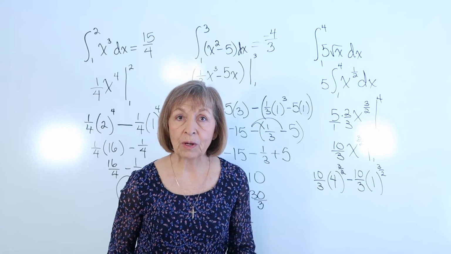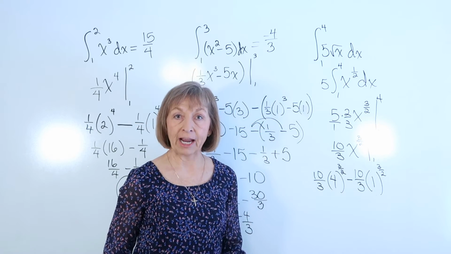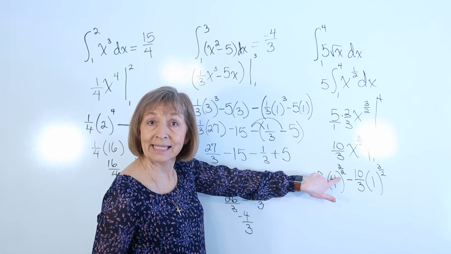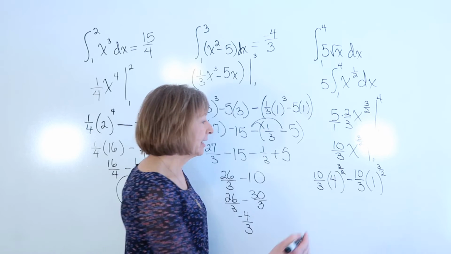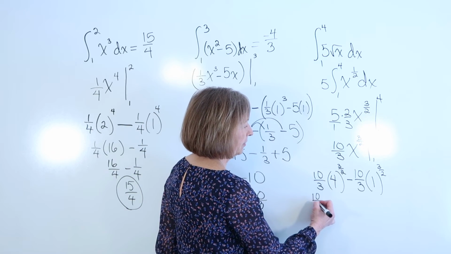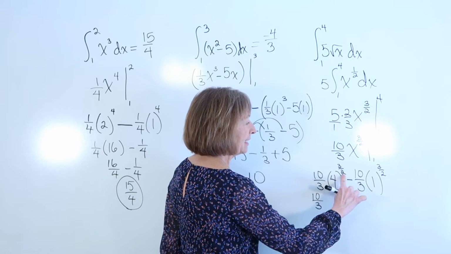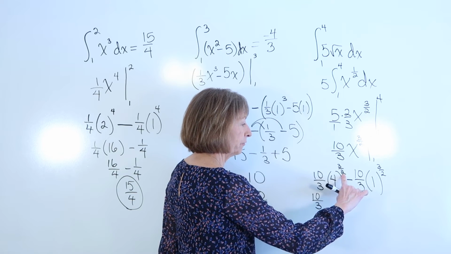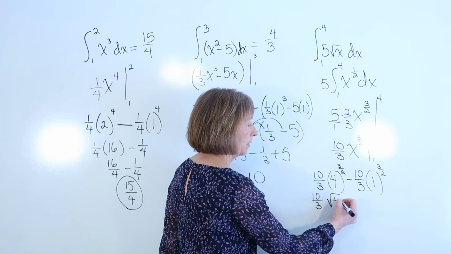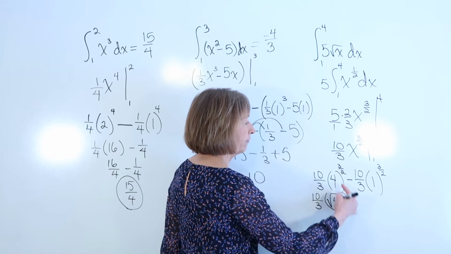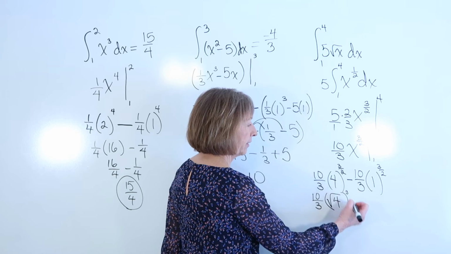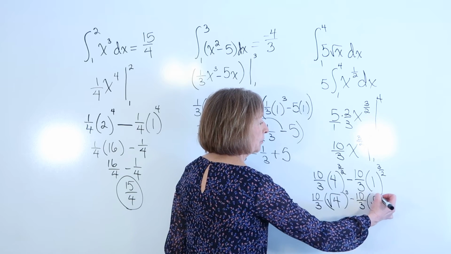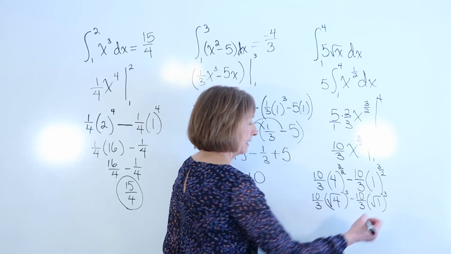Now we want to remember what we have when we have our fractional exponents. Remember, for fractional exponents, the denominator is the index, the numerator is the power. So this is 10/3 times, the denominator is 2, so the radical index is 2 for a square root. So that's a square root of 4, and then that square root of 4 answer is going to be raised to the 3rd power. And then minus 10/3 times the square root of 1 cubed.